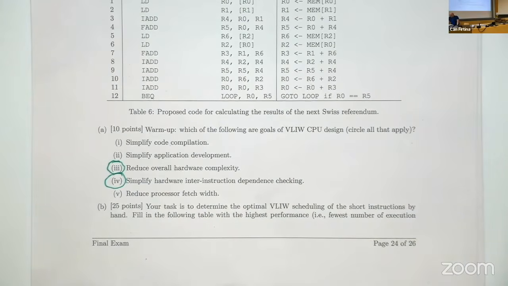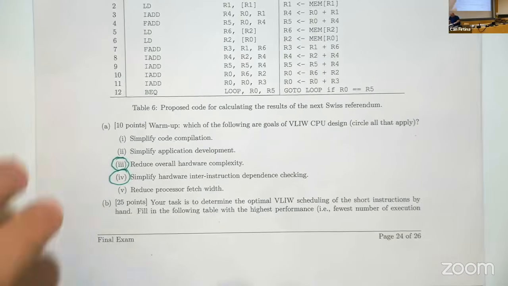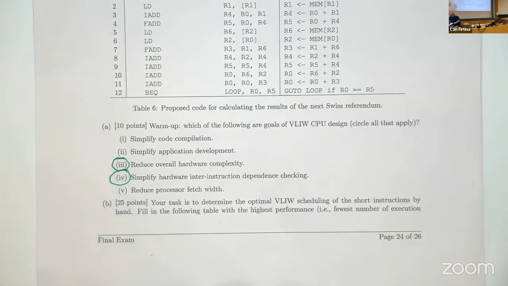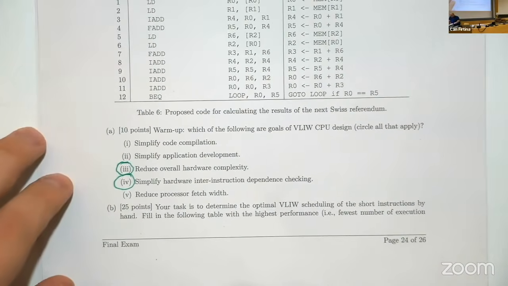Does it reduce the processor fetch width? Not at all. In fact, the opposite, right? The fetch width becomes wider, right? We fetch more, let's say bytes, with each instruction that we process, right? So this fifth option is also not true. So the answer here for part A is options 3 and 4.